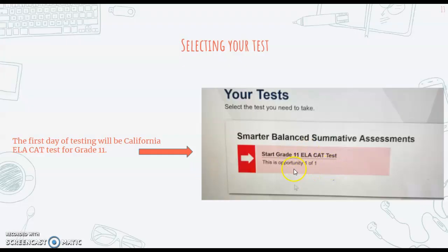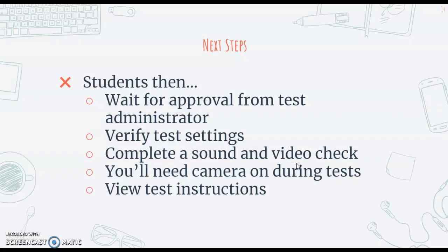Then you pick the test that's available for you to take, and then you will wait for approval from the teacher. You'll verify your test settings. They'll have you complete a sound and video check. And then you're going to need your camera on during the whole test because your teacher is going to monitor you kind of through like a Zoom call, but it's within the testing system.